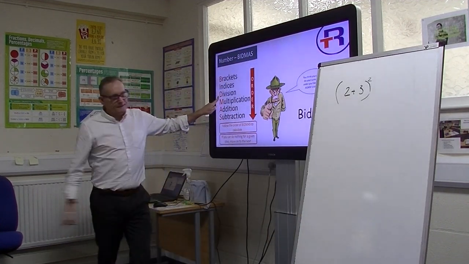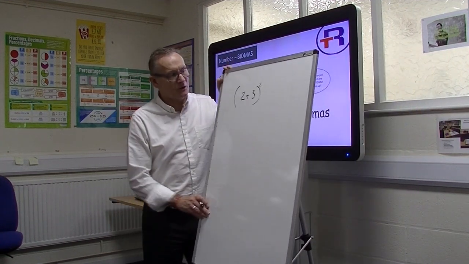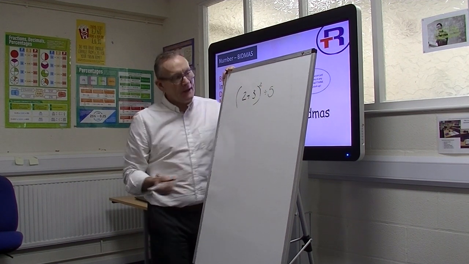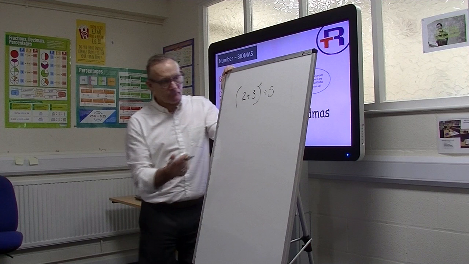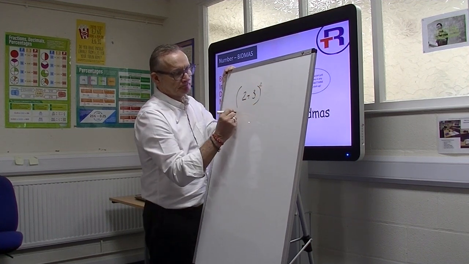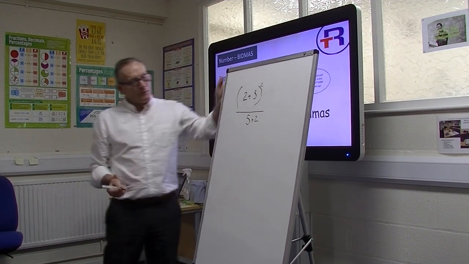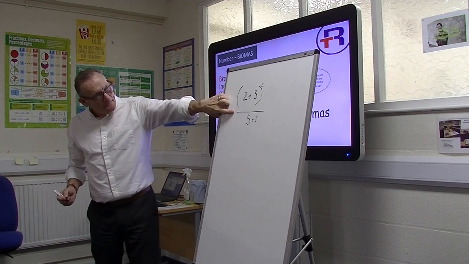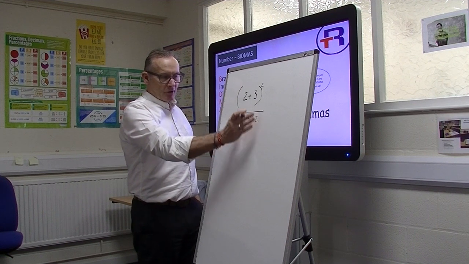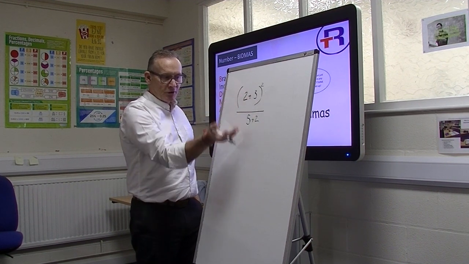Then you've got the D. The D stands for division. Now, you get 2 types of division in a question. You might get this, the division sign. Or you could get something that looks a little bit like this, which means you would have to solve the top of the sum before you could divide it, and then find the bottom of the sum before you could divide it.